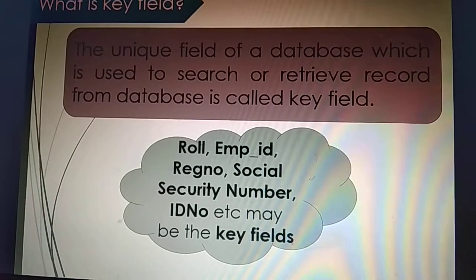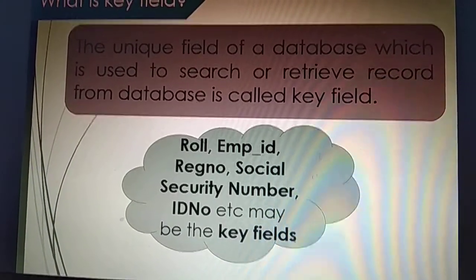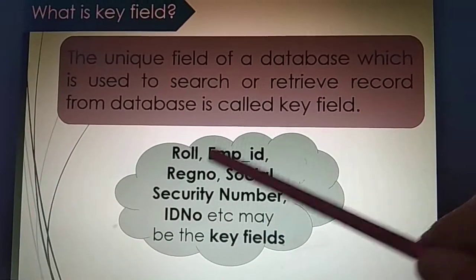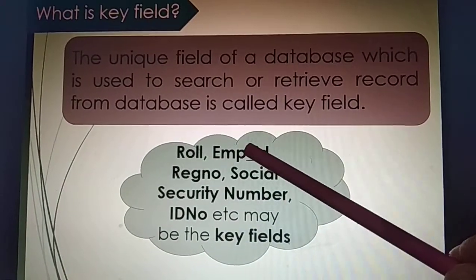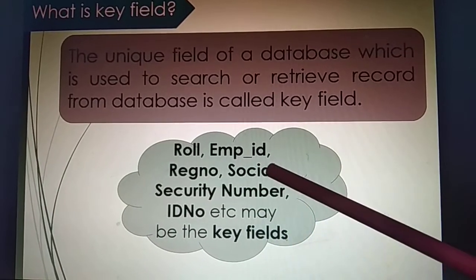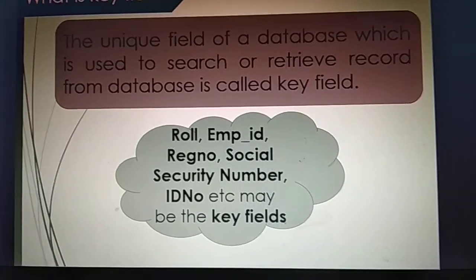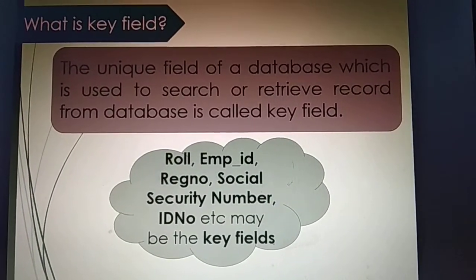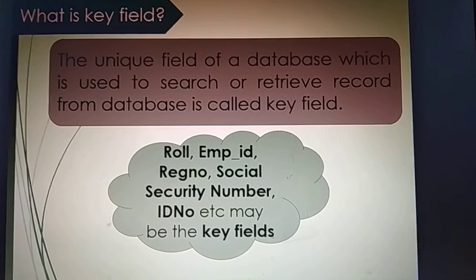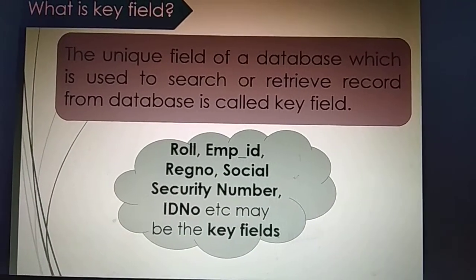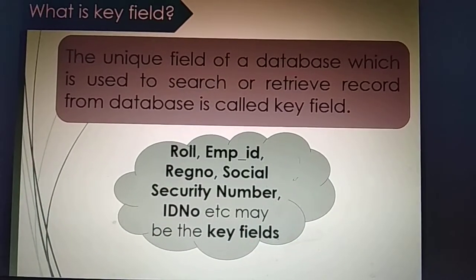So the fields that are used for this purpose are known as key fields. Some examples of key fields are roll, employee ID, registration number, social security number, ID number, etc. These may be key fields, because by using these fields we can search or retrieve information.